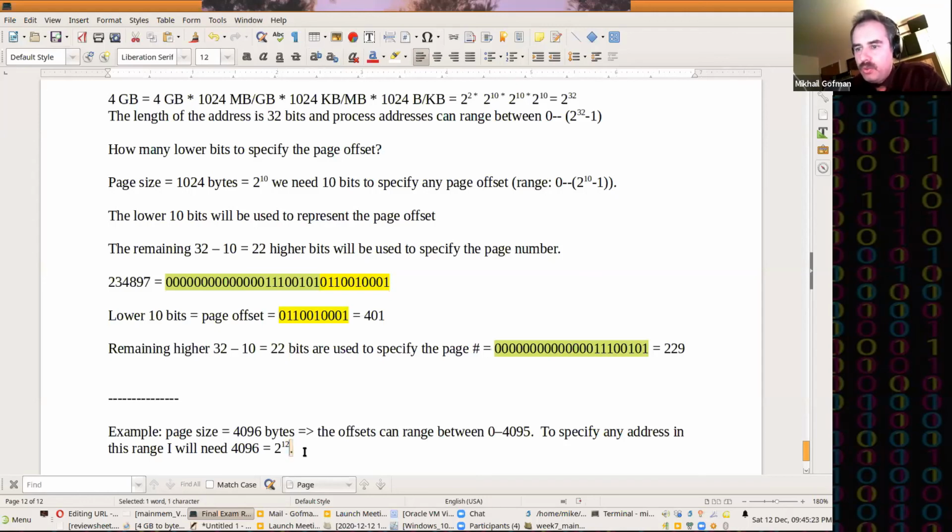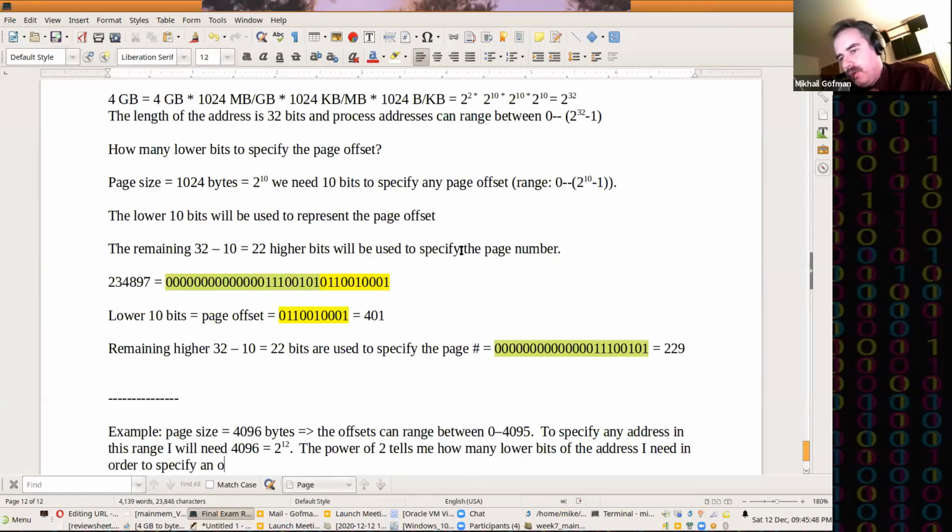This power of 2, which is 12, tells me how many lower bits of the address I need in order to specify an offset.